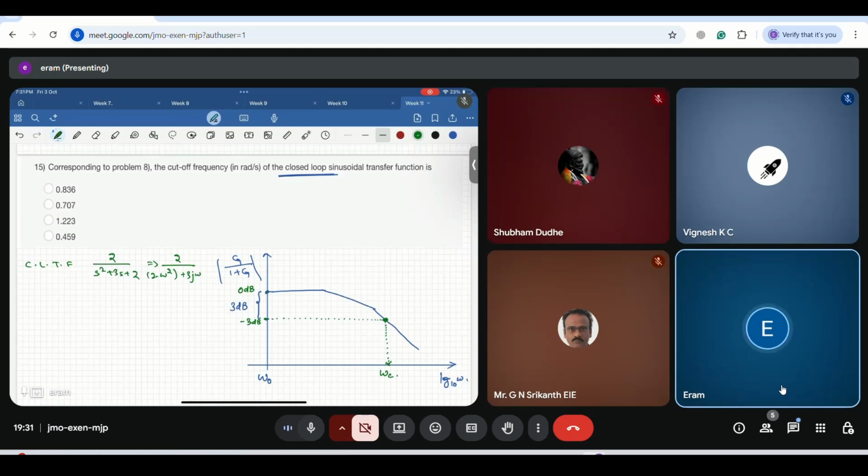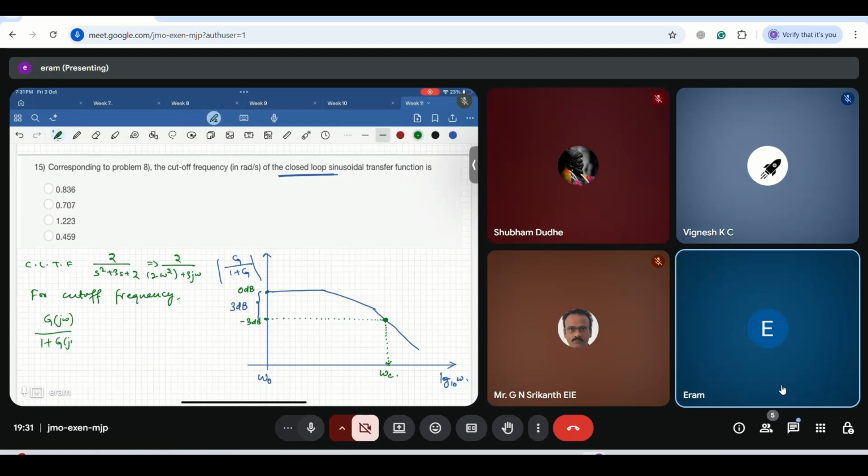For the cutoff frequency, we have to calculate the magnitude of G of j omega, the closed loop transfer function.